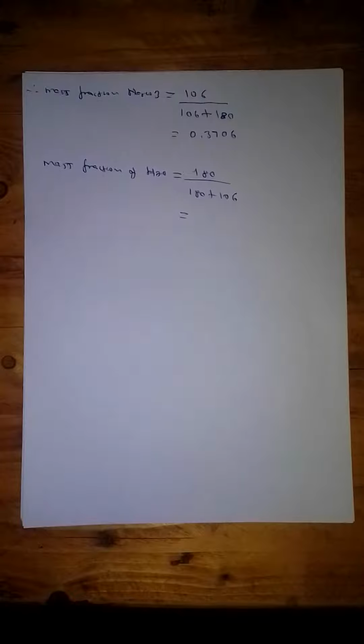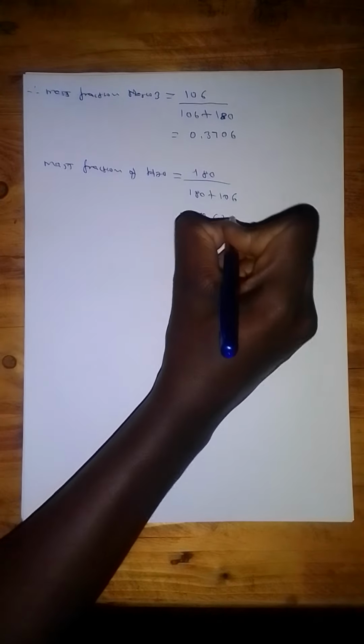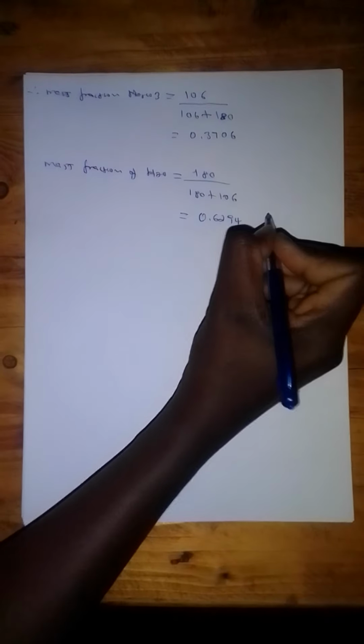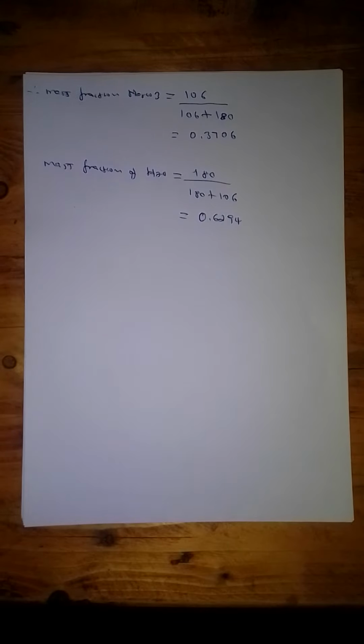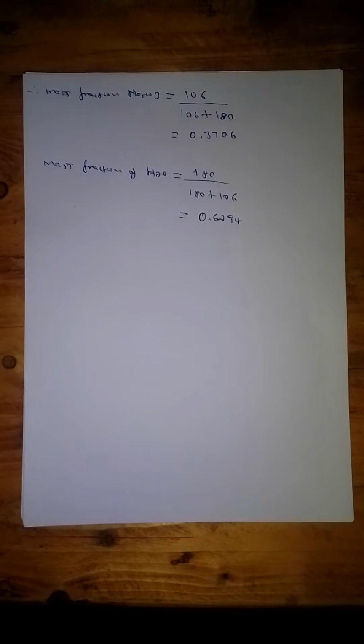And if you use a calculator there, it will give you 0.6294, right? That then becomes the mass fraction of H2O in this stream here. So now that concludes our step 3.